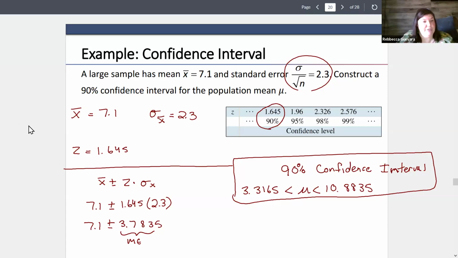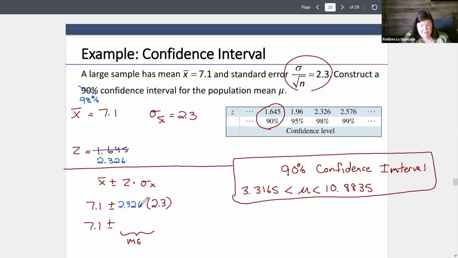So just to show you here, let's change this problem. Instead of making this 90, we'll make this 98%. So that means my z-score is now going to be 2.326. So the only thing that's going to really change here is my margin of error, because now I'm going to put my 2.326 in here.